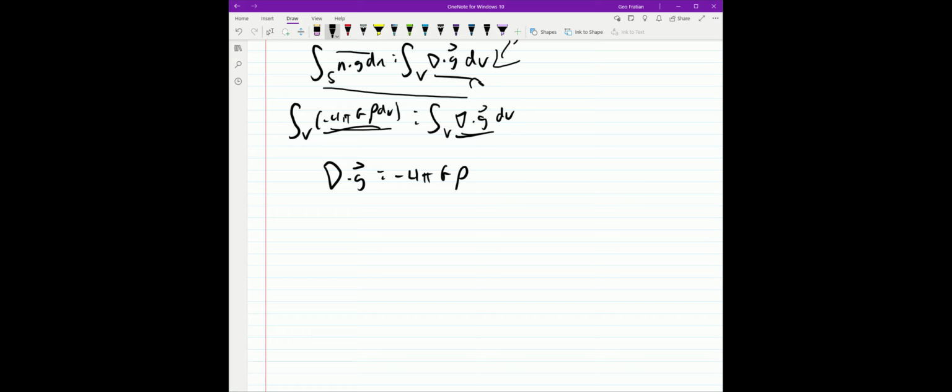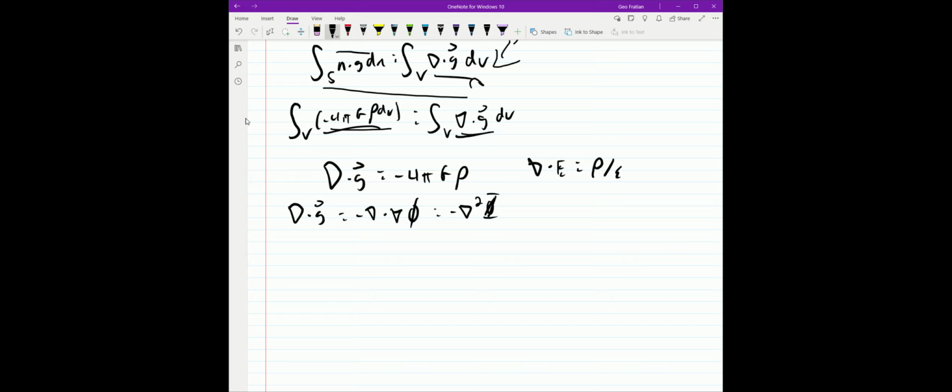Okay. Now, this is very similar to Gauss's law, where the divergence of the electric field is equal to rho over epsilon, with different constants. And using the definition of g as negative grad phi, we basically get the Laplacian, the second order gradient.